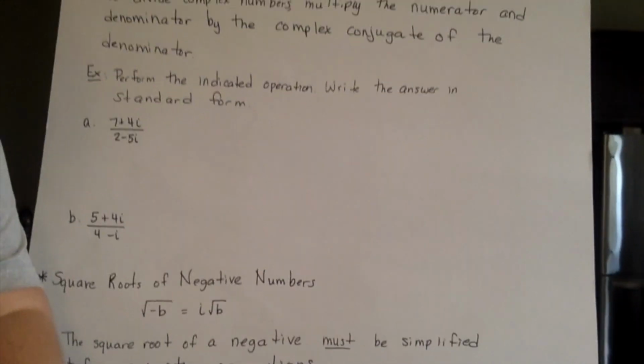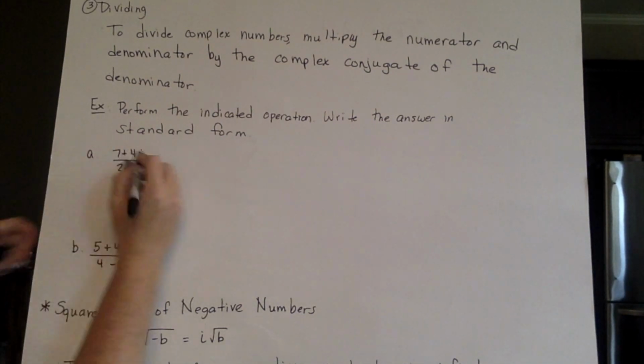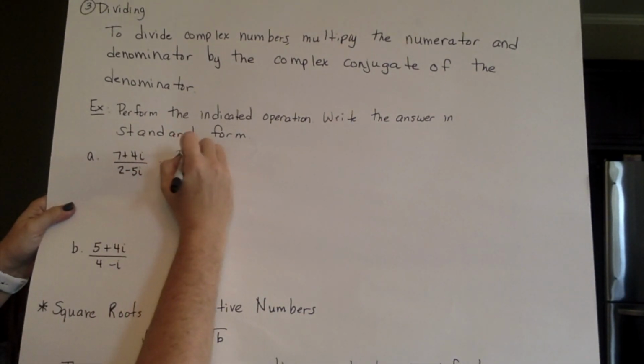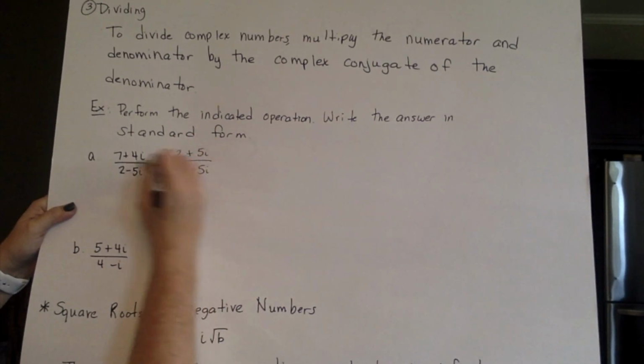So in order to divide, we're going to multiply by the complex conjugate of the denominator. This denominator on the first one is 2 minus 5i. So I'm going to be multiplying by 2 plus 5i over 2 plus 5i.